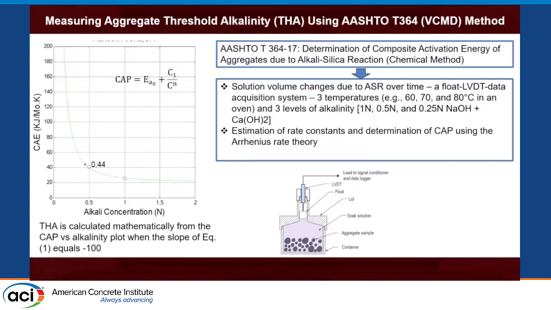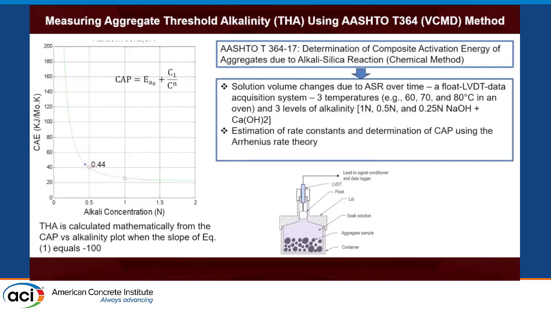We also do this test at different levels of normality: one normal, 0.5, 0.25. And you see the green line, there is a nice apparent relationship between alkali concentration on the x-axis and CAP on the y-axis. So we use that relationship and that model to calculate the threshold alkalinity of that particular aggregate.